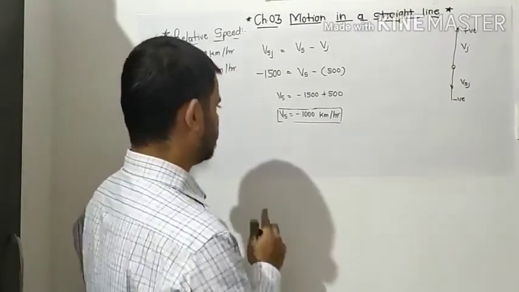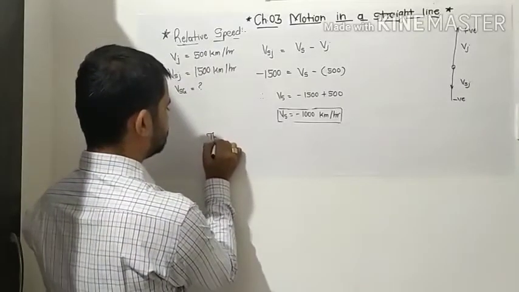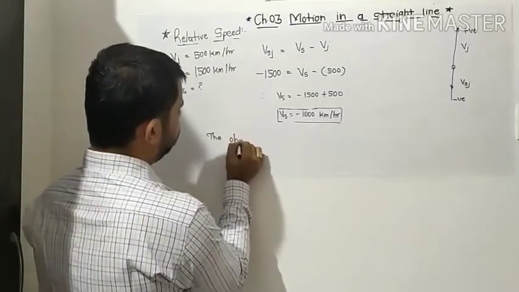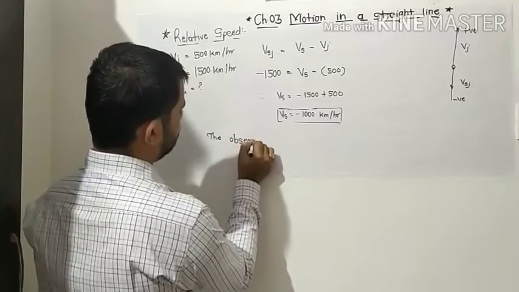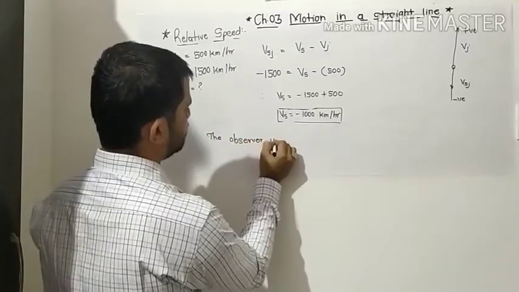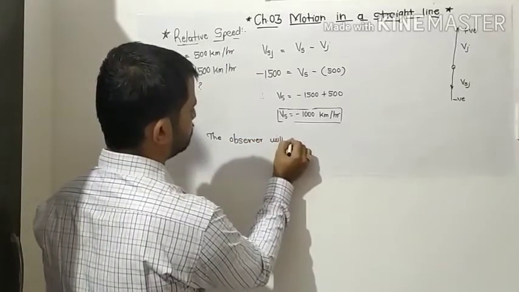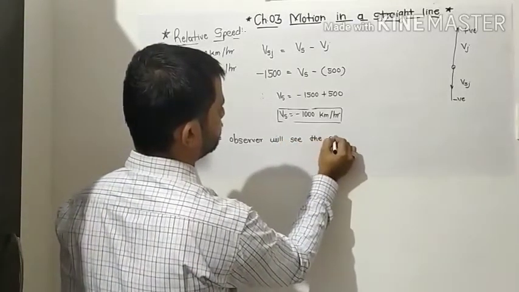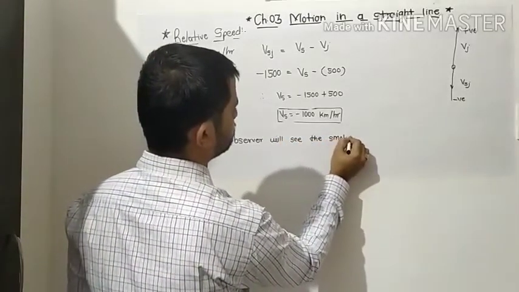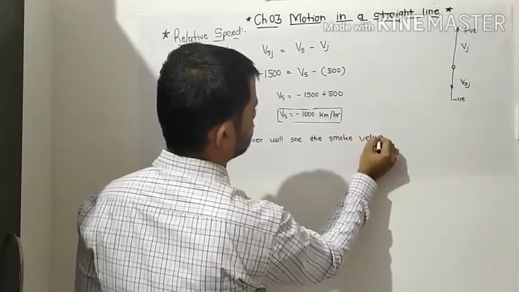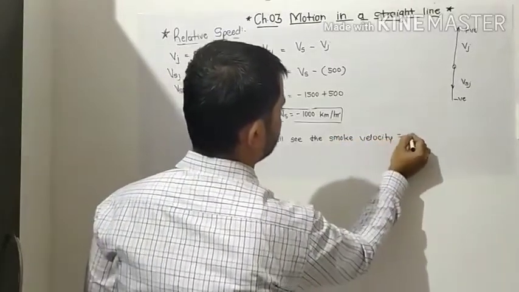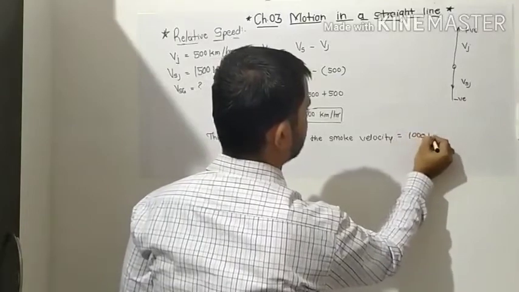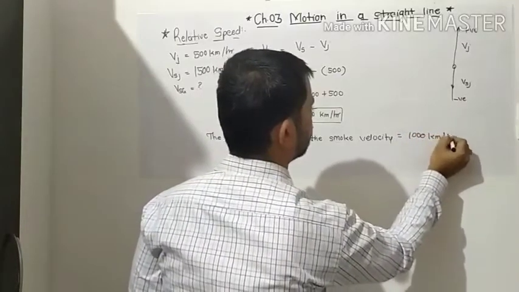So we can write that the observer will see the smoke velocity equal to 1000 kilometer per hour.